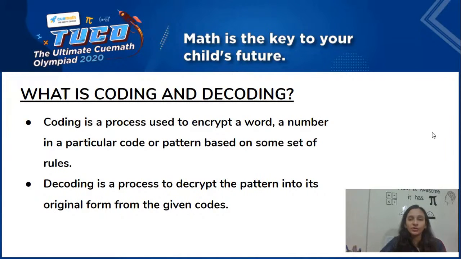It is absolutely up to you how you want to code a word or a number, but there has to be a rule, and you should know that rule. And decoding is the process to decrypt, that is, you get back the original information. You decode the pattern into its original form from the given codes and the rules that you know. That is called decoding.